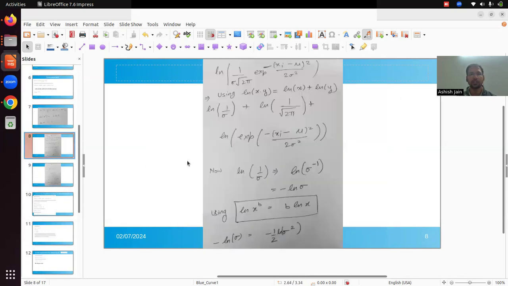Now, as you can see, we have this expression. We solve this using the product rule, that the natural logarithm of x dot y equals logarithm x plus logarithm y.